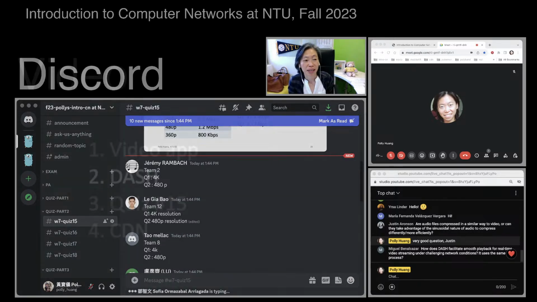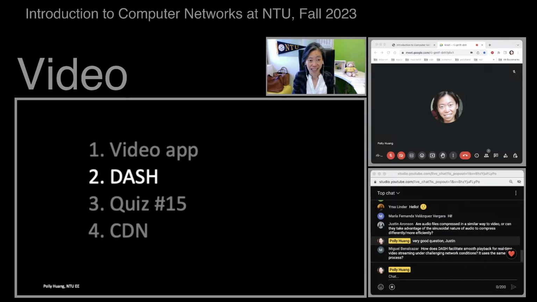Good, thank you. And now we come back to talking about transmitting video. What DASH does is to tell the client which resolution, which encoded version of the video to download. But earlier you heard that we have the CDN, a network of servers, meaning these videos are stored on multiple servers.